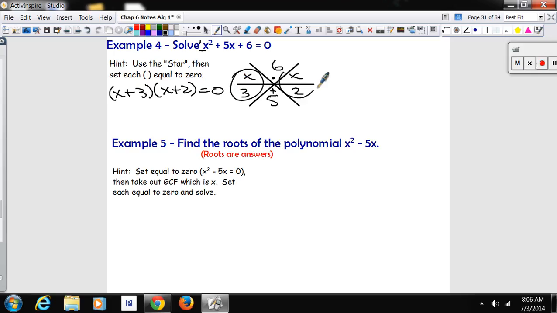This is one parenthesis, that's your other parentheses. Set them both equal to 0, and just solve them. x plus 3 equals 0, we subtract 3, and negative 3 is one answer. x plus 2 equals 0, you subtract 2, and negative 2 is your other answer. So negative 3 and negative 2 would be your two solutions.